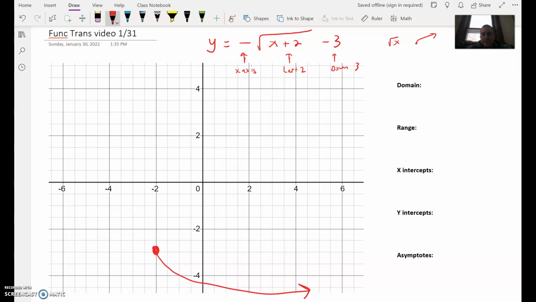So then I ask you about domain. This word's used a lot, domain and range. I don't know if students often really understand what it is. When you're looking at a graph, domain is all of the x values that your graph doesn't have to go through them, but that your graph has a y value that goes with it.